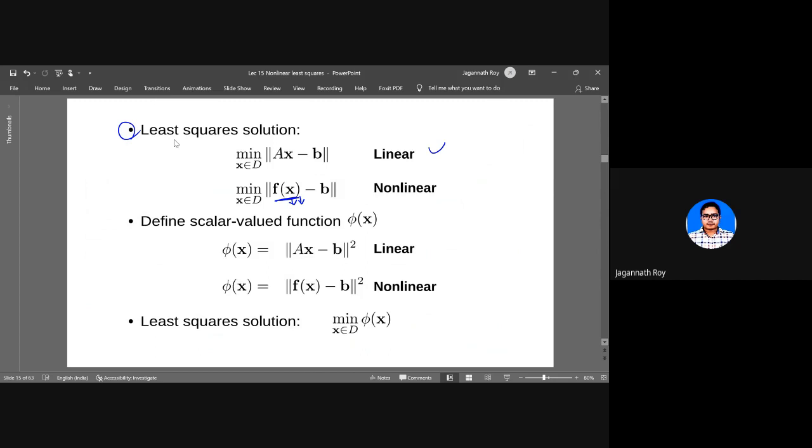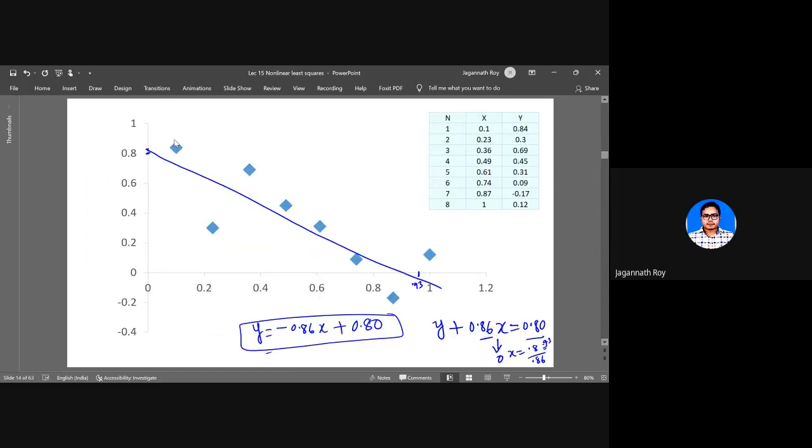What we have to do is define a scalar valued function with the help of this function, because this will represent, what is this meaning? These b points are given.